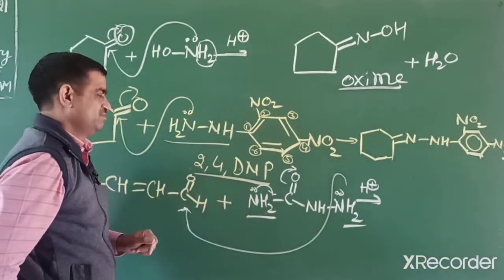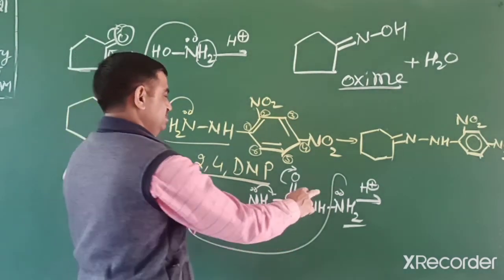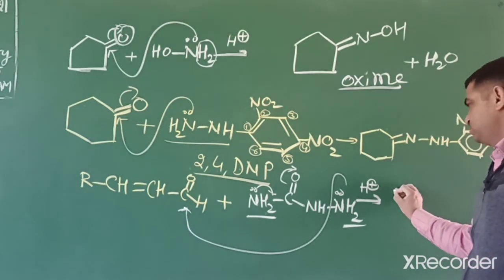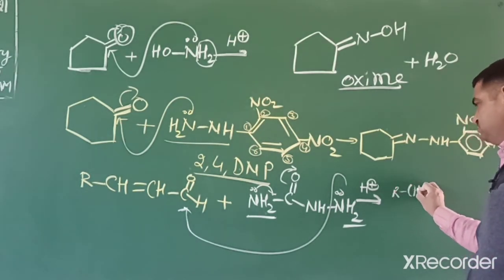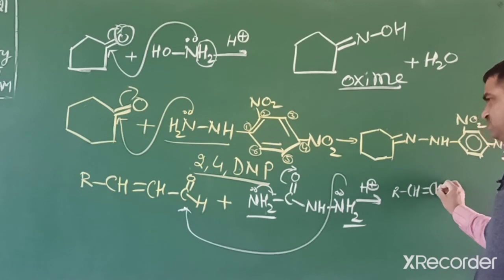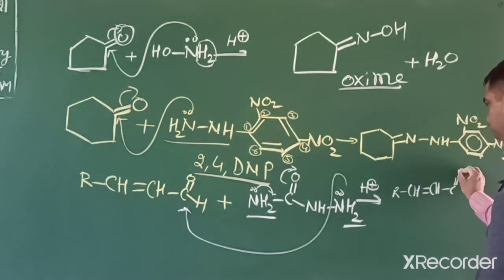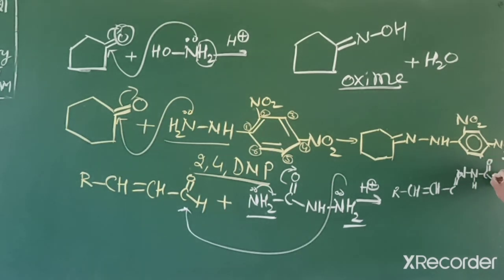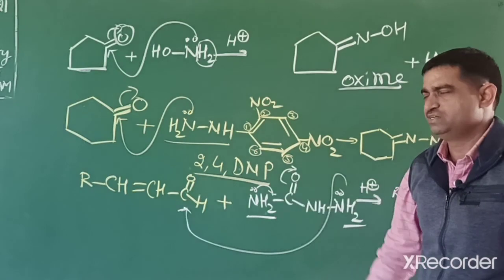So understand, this side NH2 participates in the reaction, and we write the product; the C=C double bond does not affect this reaction. The water molecule is removed, and there is nitrogen, then NH, CO, NH2. So in this reaction we have to write this side, not this side.